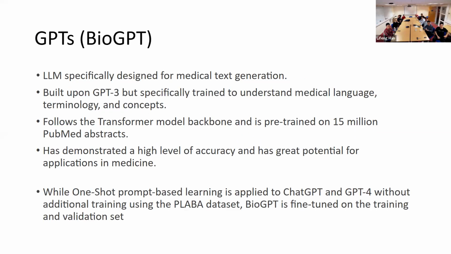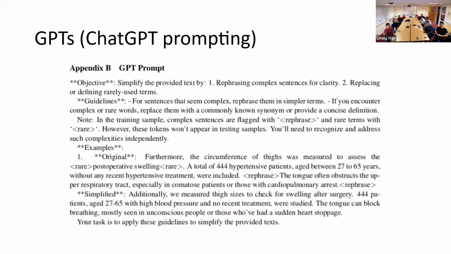Yeah, so I fine-tuned the GPT models. In particular, BioGPT is a decoder-only model, so specifically for text generation, and it's built upon GPT-2. But the training data is in the medical domain, so it's trained on 50 million PubMed abstracts. And instead for ChatGPT, we use a one-shot prompt.